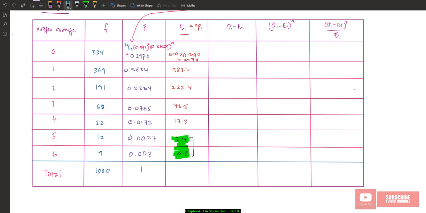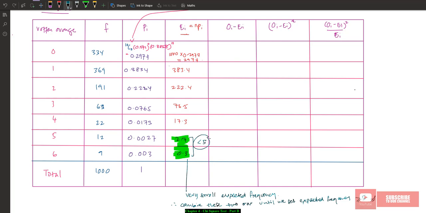This is a very small expected frequency, so we need to combine these two rows until we get an expected frequency more than or equal to 5.